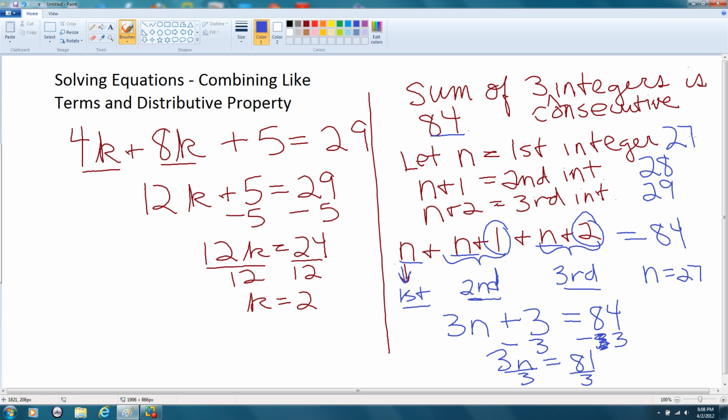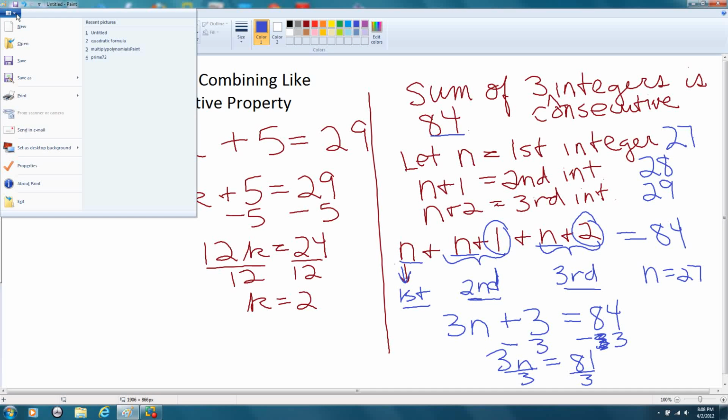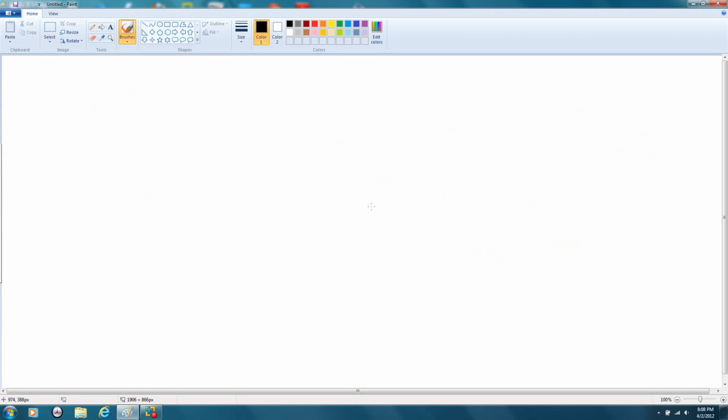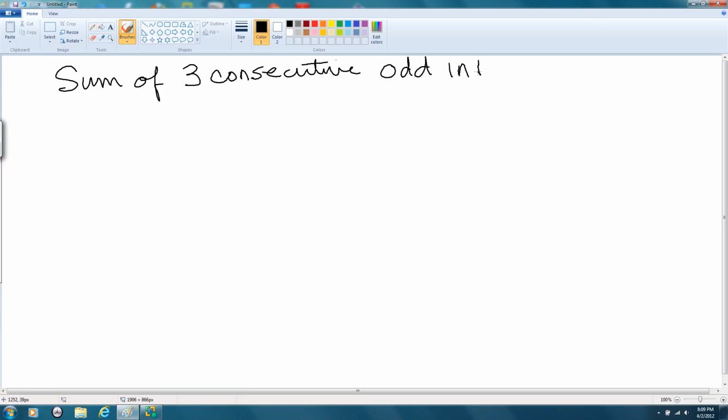Let's do another one. So I'm going to get a new screen, and we're going to do the sum of 3 consecutive odd integers. Let me erase a little bit.